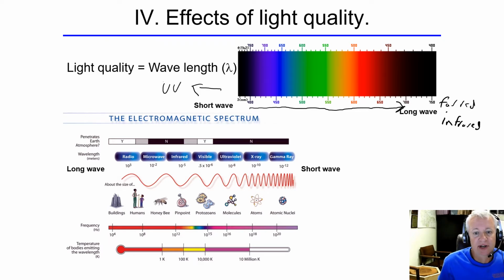Okay. When we're talking about sensing of light quality and responses to light quality, we're primarily talking about sensing that's going on in this zone in the red and far red wavelengths.